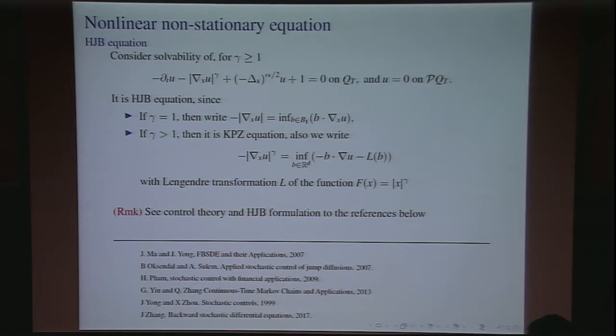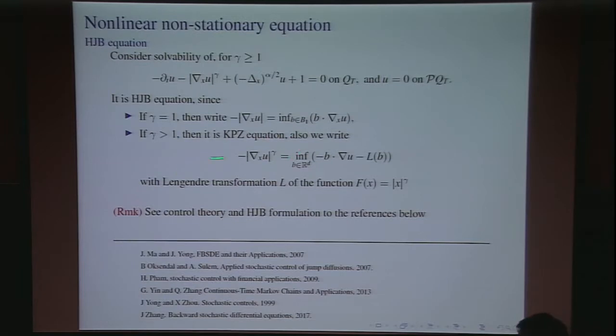So again, we are looking at the nonlinear case. Up to now, everything is linear, but now we can look at the nonlinear parabolic case. Then this is the HJB equation. Why? Because this is something like supremum of Lu, and L is parameterized by some kind of b or control, and something like that. So if gamma equals 1, you can directly write this as the infimum of b times this. This is the generator, a linear operator, and b can be chosen.